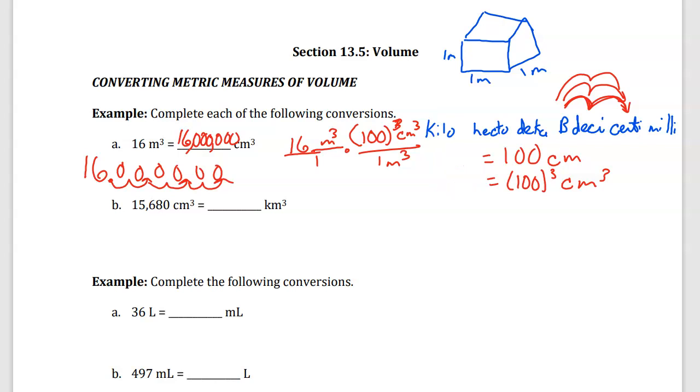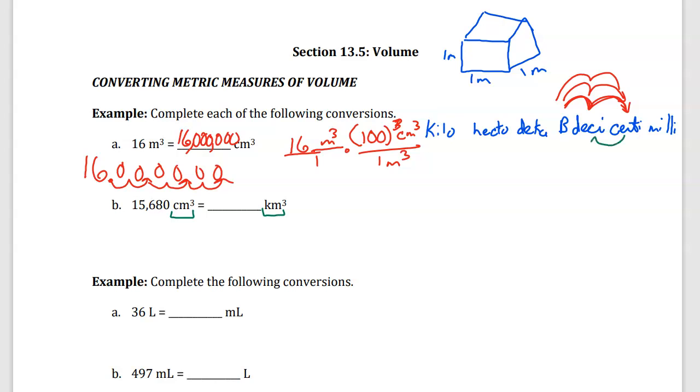Now I'm going to get rid of some of this so that we can look at this next one. And I'm going to look at going from centimeters cubed to kilometers cubed. This one's going to look really ugly. Okay?